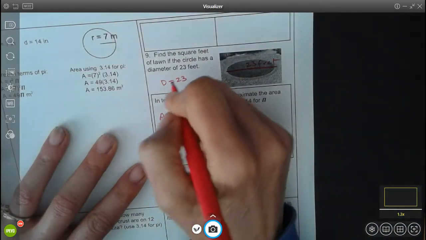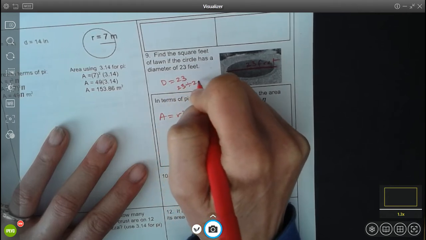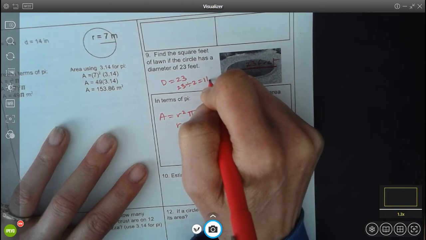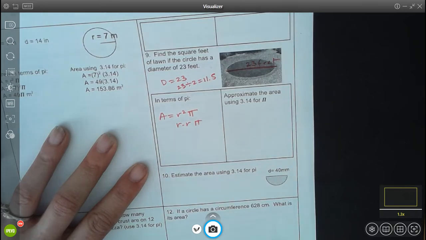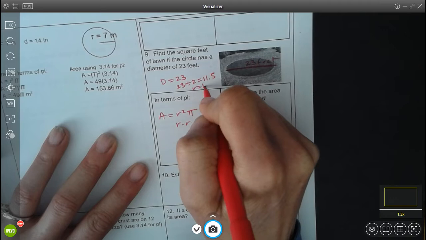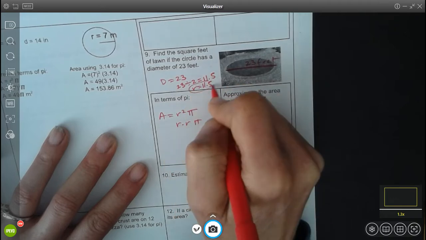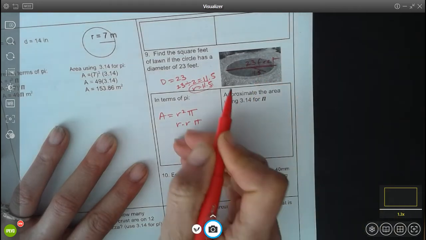So let me do that on a calculator. 23 divided by 2, I think it is 11.5. That is my radius, 11.5 from the center to the edge.